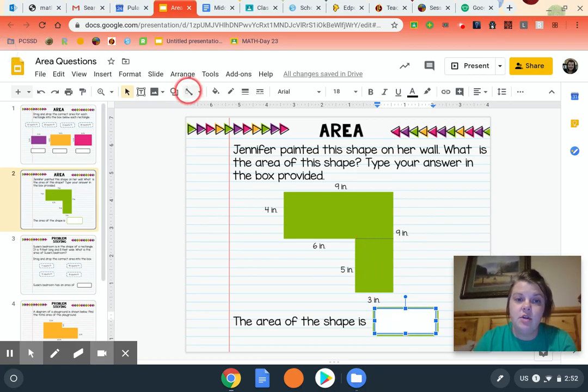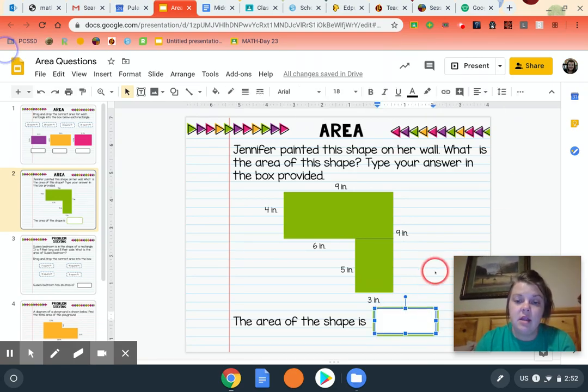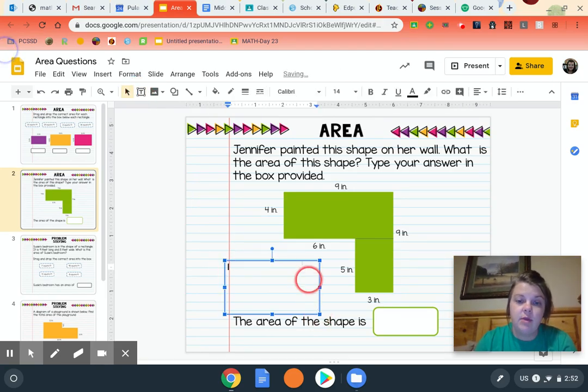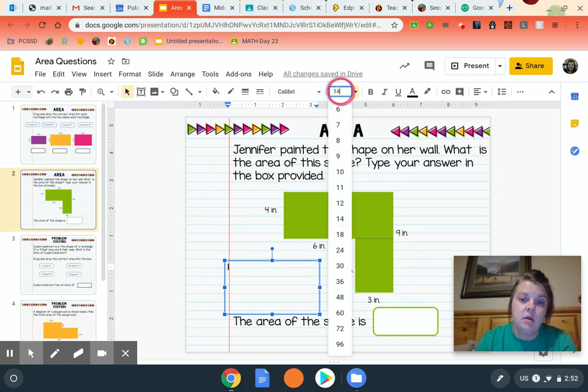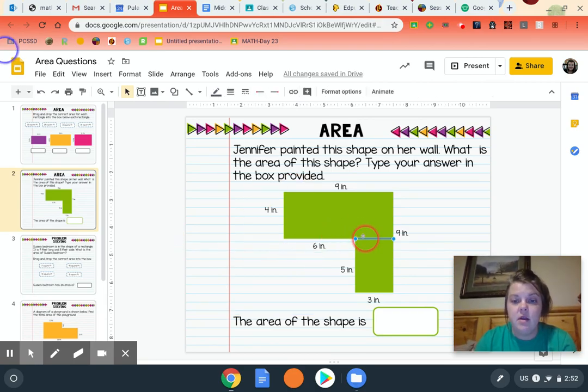So I encourage you to use that line tool. If you accidentally erase, click, and that box is not there, you can draw yourself a box to type in. You can make that text smaller or bigger here. Okay, so that's how you find the area there.